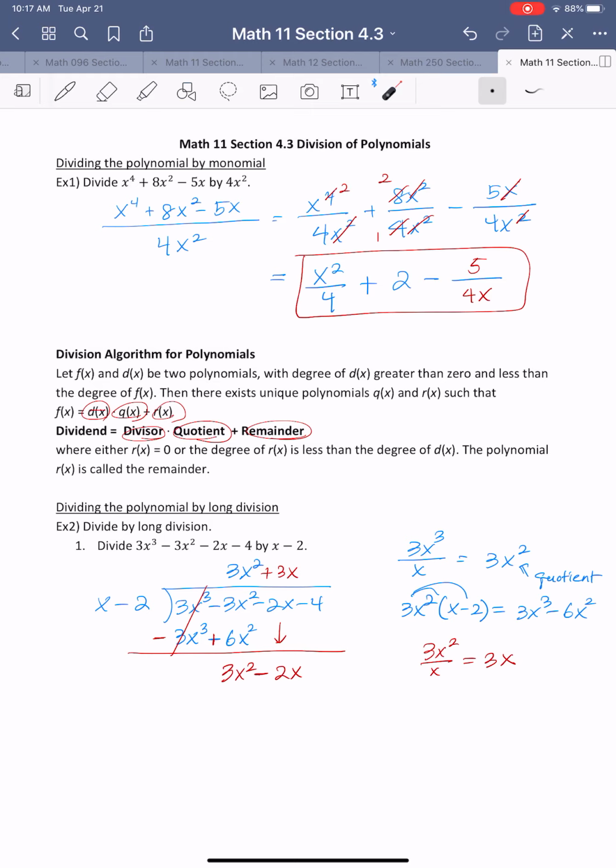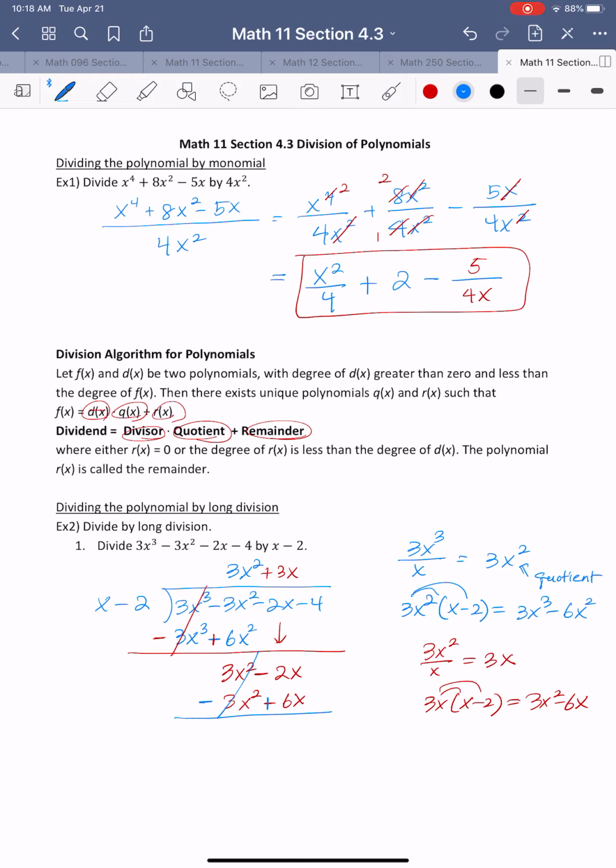Now you multiply 3x by x minus 2, distributed. You get 3x squared minus 6x. But this time, you need to subtract, which means changing the sign of the product you just put.